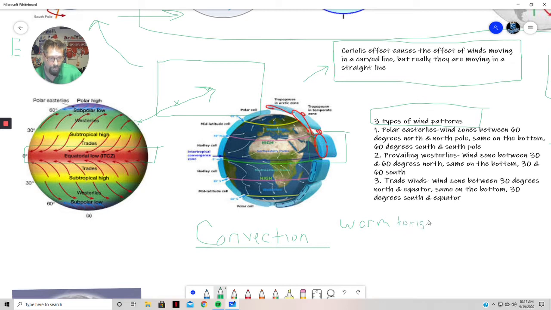But warm air rises because it's very light. And cold air sinks because it's much more dense.